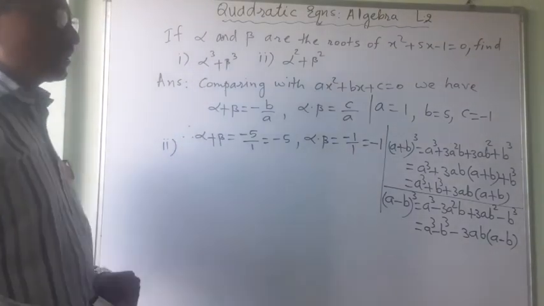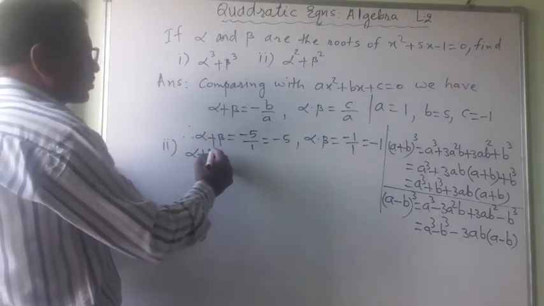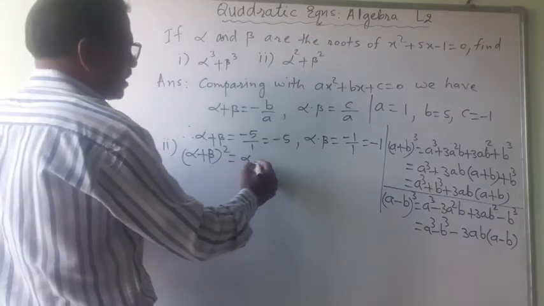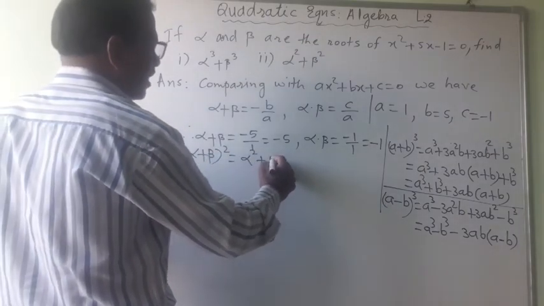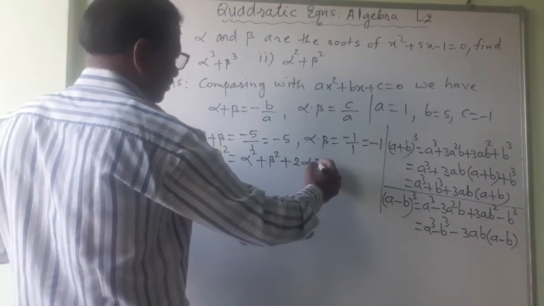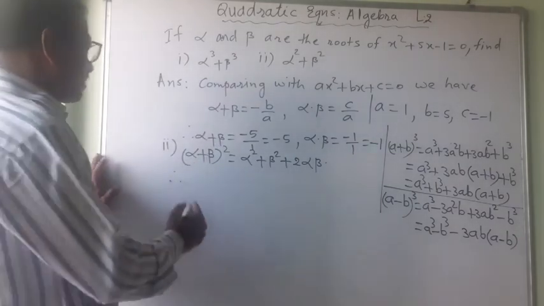alpha square plus beta square. So I will use alpha plus beta bracket square is equal to alpha square plus beta square plus 2 alpha beta. Therefore, alpha plus beta is minus 5.